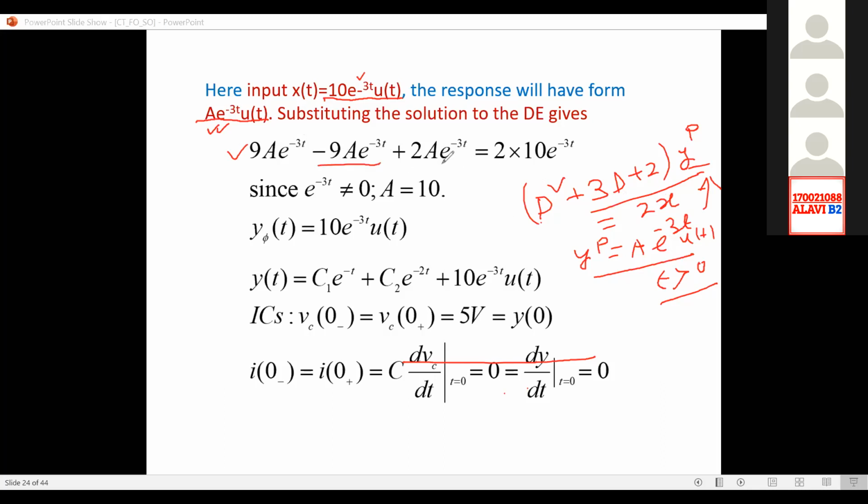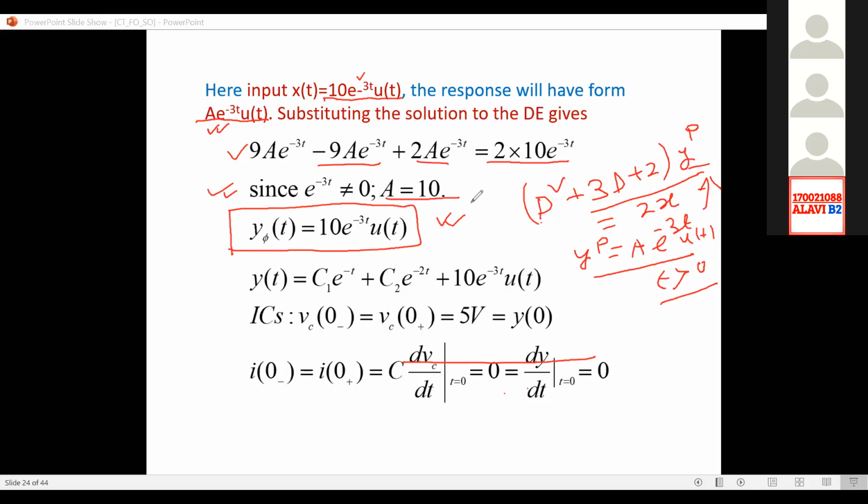Your third term will be equal to your input. Then you see that e to the power minus 3t cannot be equal to 0, so you can readily solve for your undetermined coefficient a, and you will see the particular solution of your problem is this. We are following the classical technique of solving a differential equation.